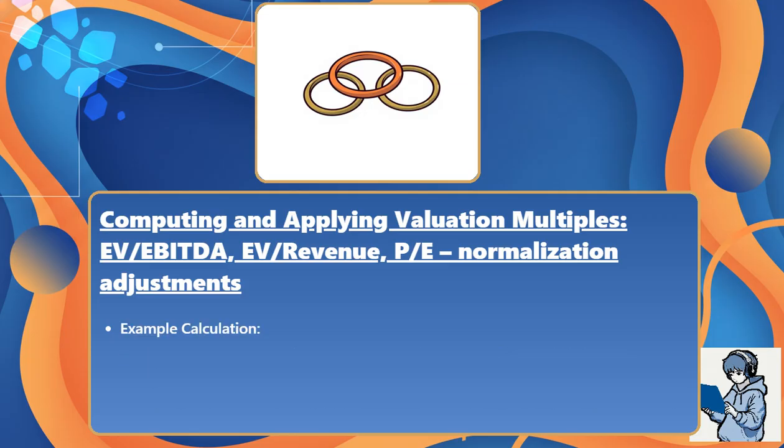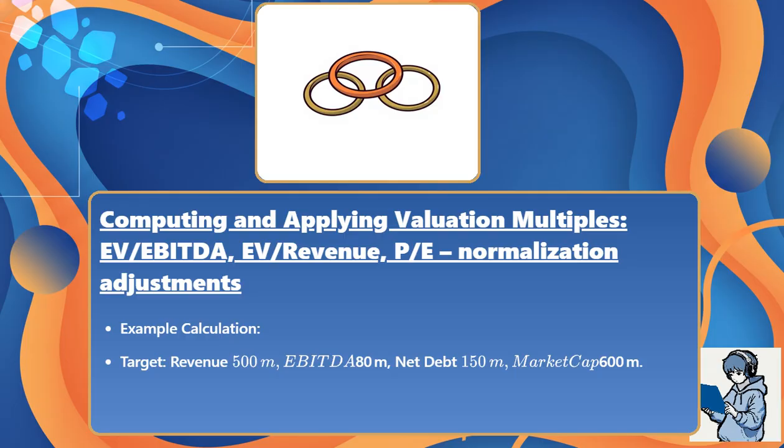Example calculation. Target: revenue 500 million, EBITDA 80 million, net debt 150 million, market cap 600 million. Enterprise value equals 600 million plus 150 million minus 30 million cash, which equals 720 million. Enterprise value divided by EBITDA equals 720 million divided by 80 million, which equals 9.0 times.